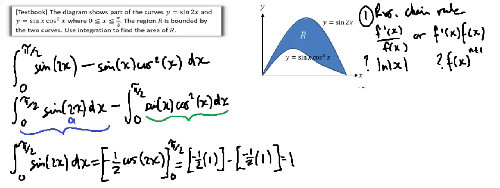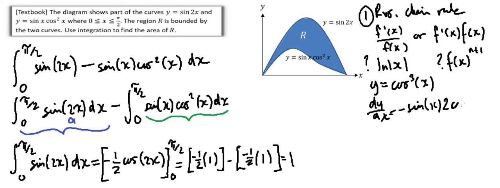Okay, so to do that, we are going to guess that y, the original function, was cos cubed x, which means that dy by dx is equal to minus sine x times 3 cos squared x. Oh, sorry, 3, not 2. Right, so that's equal to minus 3 sine x cos squared x.